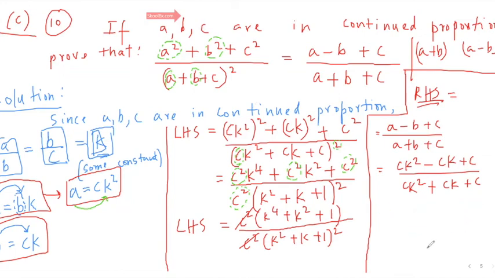So that's c into k squared minus k plus 1 by c into k squared plus k plus 1. I'm going to multiply this by the conjugate of this. So instead of the minus sign over here, I'm going to put the plus sign. That's the conjugate.